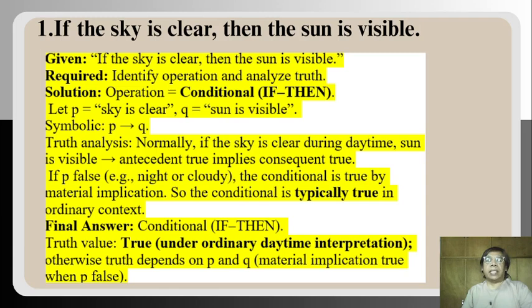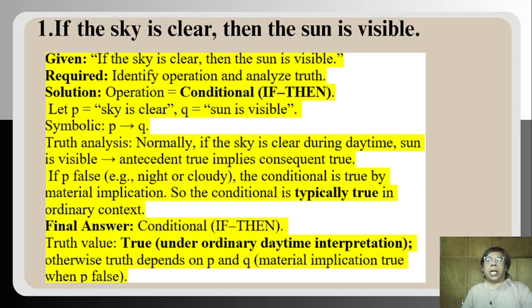Truth analysis. Normally, if the sky is clear during the daytime, the sun is visible. Antecedent true implies consequent true. If P is false, for example night or cloud, the conditional is true by material implication.